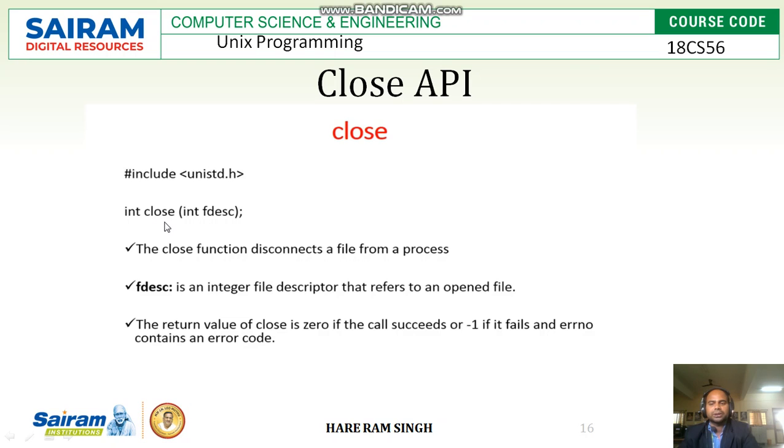This can also return 0 on the successful close of the file represented by the file descriptor. If it is not successfully executed, then it can return -1, which is the sign that some error has occurred.